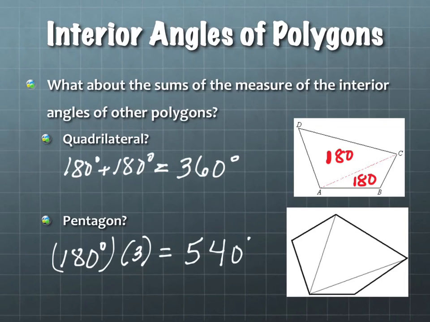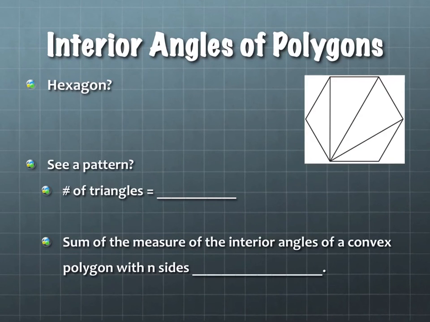Good. Then we have a hexagon. How many triangles does it end up having? What is it? 4. There are 4 triangles in the hexagon. What's 180 times 4? 720.